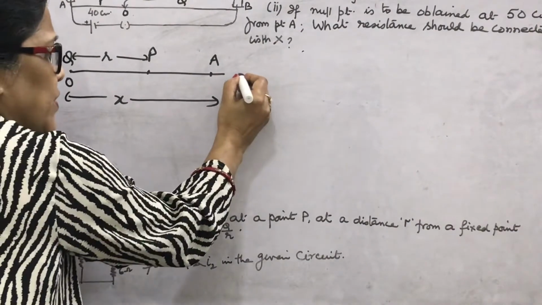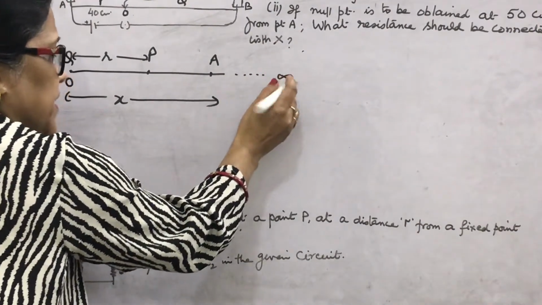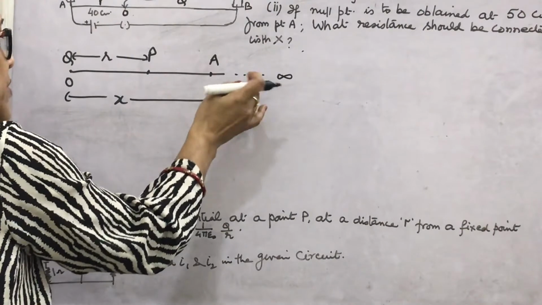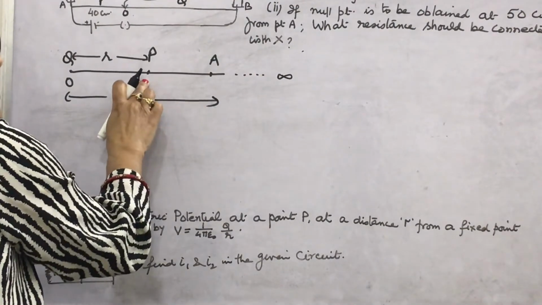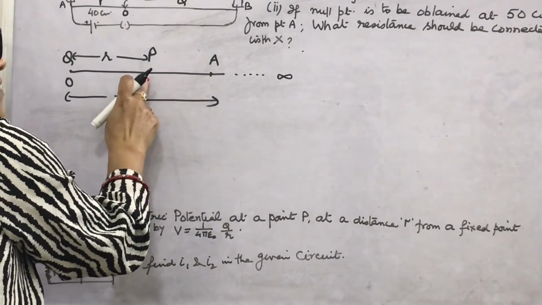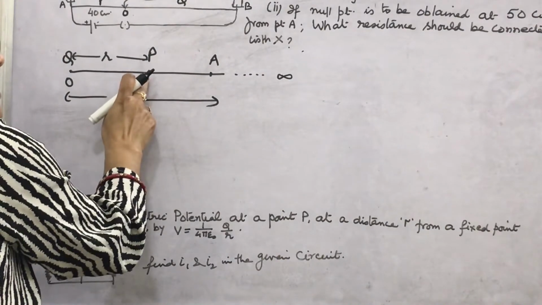We suppose from infinity, as per definition, the test charge is brought and placed at this point, then work done per unit test charge will be the electric potential at this point.